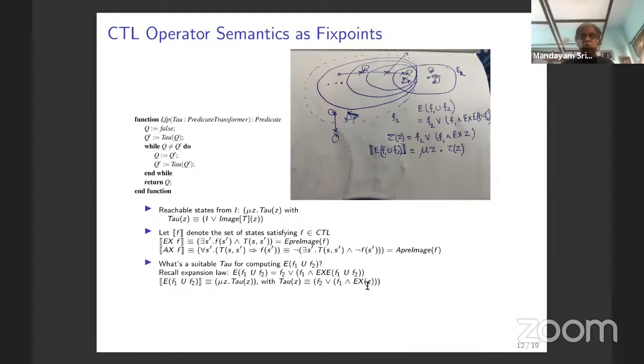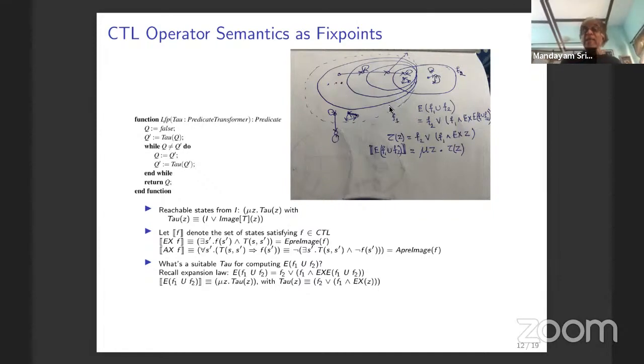When you plug in false here, what you get is F2 as tau 1, and to that, each time you're adding those states that satisfy F1 and have a one-step successor into the current set. You keep repeating this until you reach a fixed point.